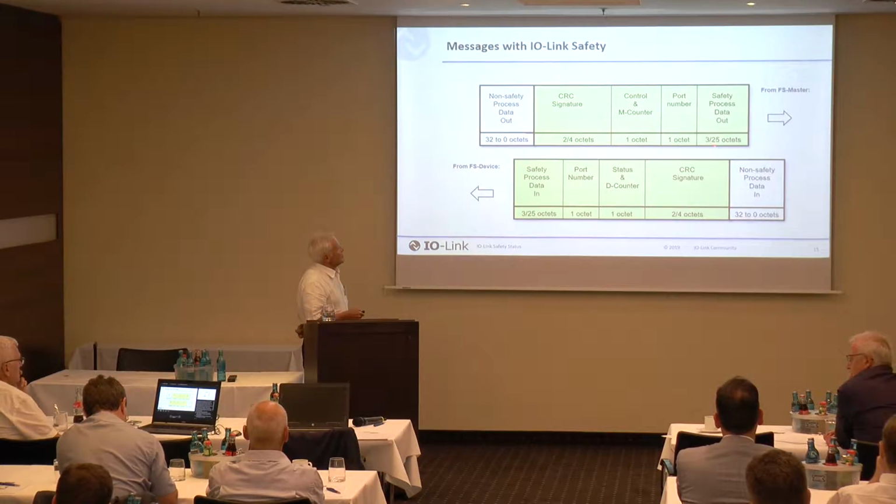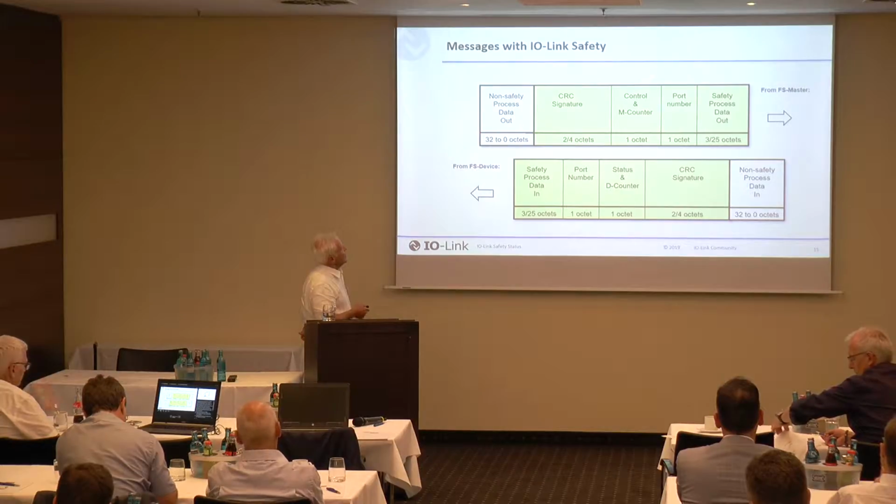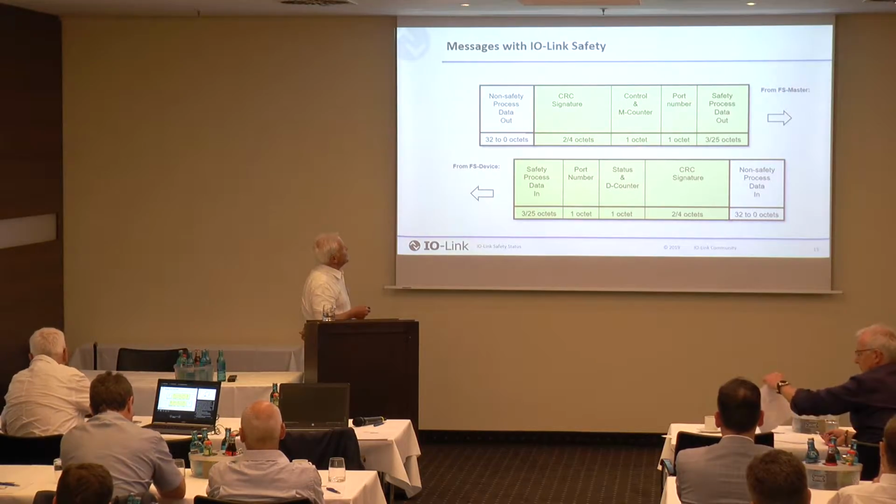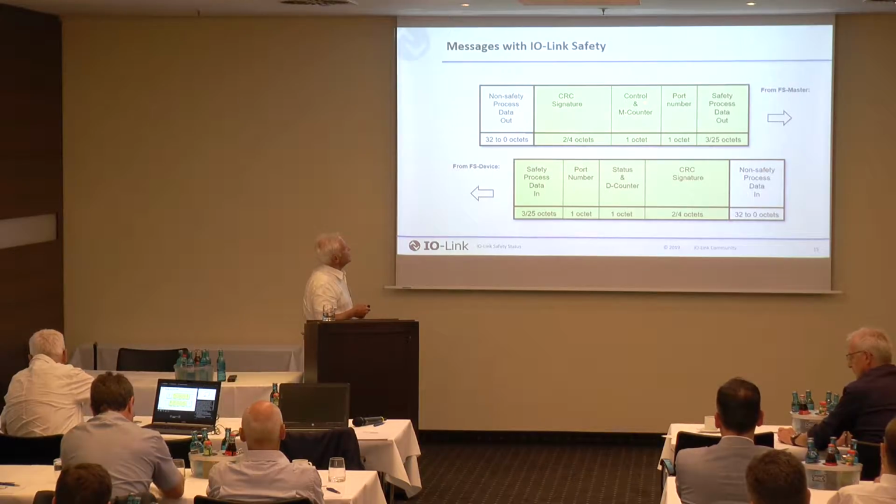If you want more, up to 25 octets, you need a 32-bit CRC at least, in our case. And for the management of the protocol, we have this byte here for control and status.